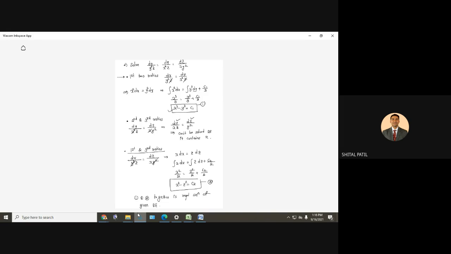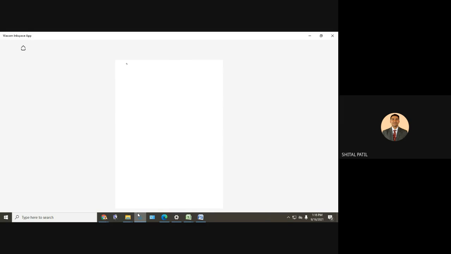Let's move ahead. Next, let me go through the third example. Right, dx divided by y minus 6.